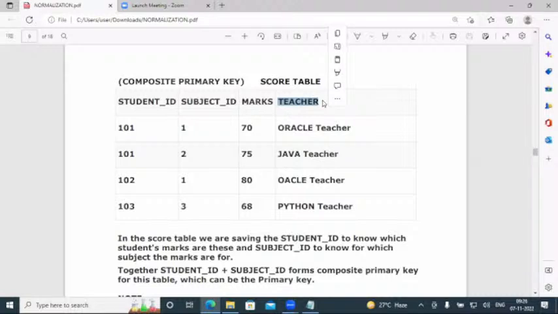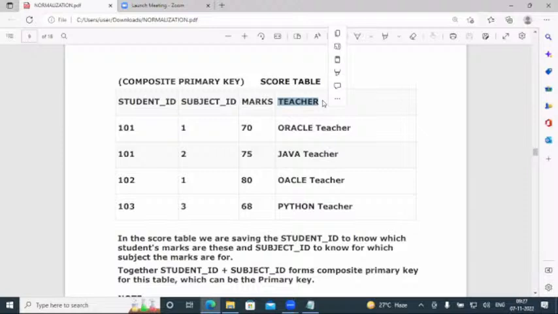But as per second normalization, what does it say? Should partial dependency columns be in the table or not? Should not be in the table. So what I want to do: if this column is not removed from this table, then this table does not satisfy the second normalization technique. Understand? So if this table wants to satisfy second normalization, the teacher column must be separated, that means removed from this table.